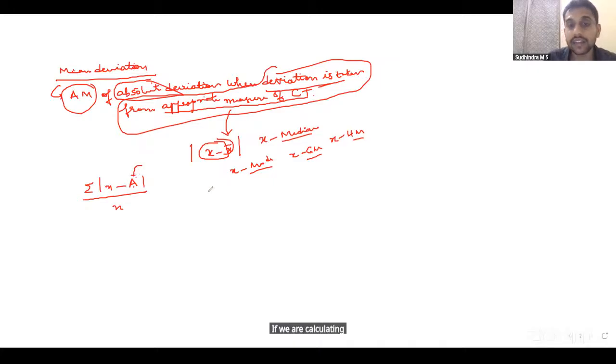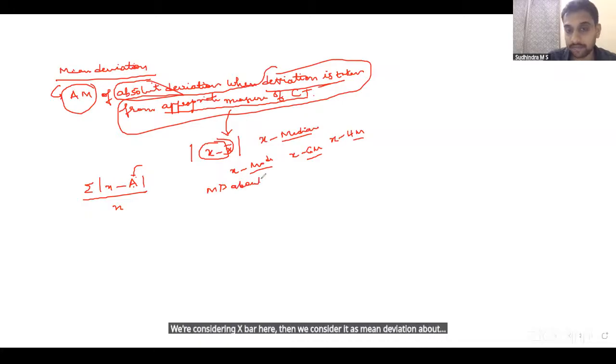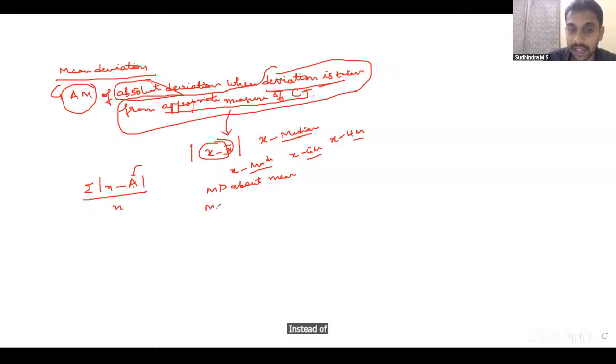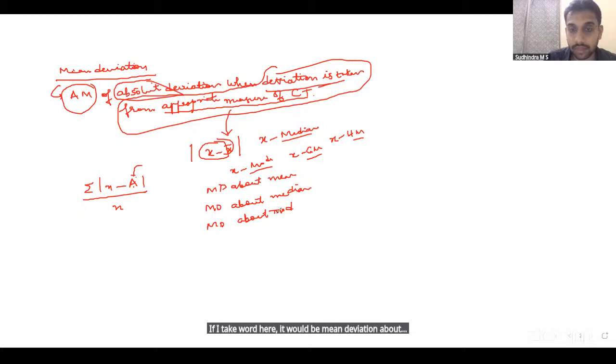If we are considering x bar here, then we consider it as mean deviation about mean. Instead of x bar, if I consider median here, mean deviation about median. If I take mode here, it would be mean deviation about mode.